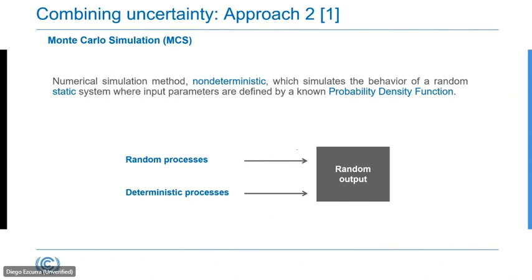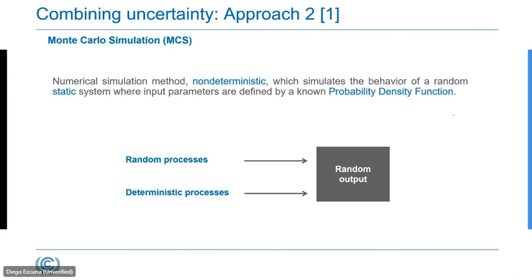So Monte Carlo simulation is a numerical method. It's a numerical technique. It's non-deterministic, so it's random. It's based on a random, probabilistic approach that simulates the behavior of a random system, but the system is static.